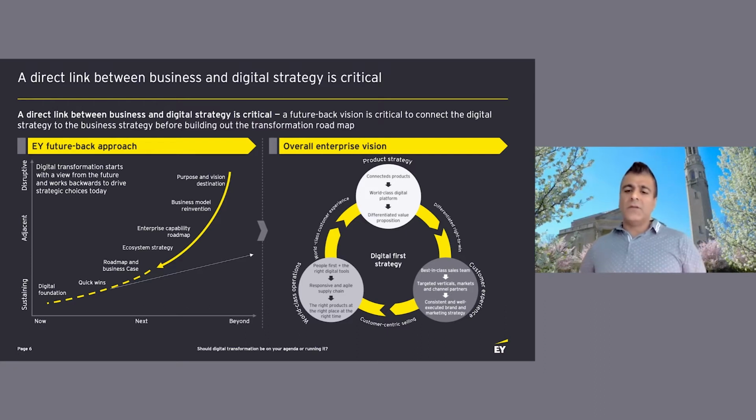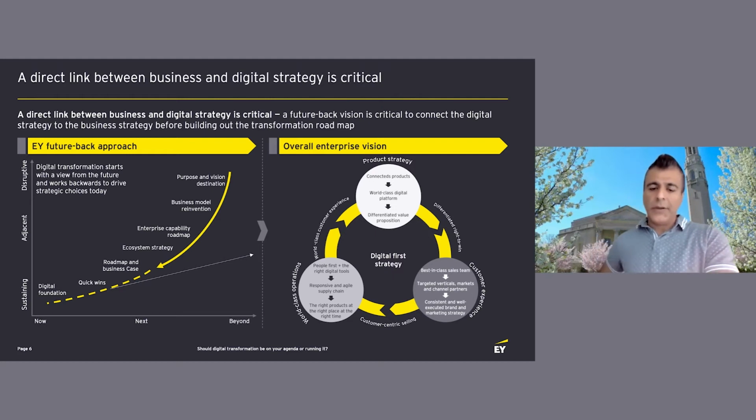And what that means is, whether they're transforming their product strategy, the customer experience, or focused on operations, ideally it's taking an enterprise-wide approach across all of these 3, very tightly linked to the corporate strategy of the company.